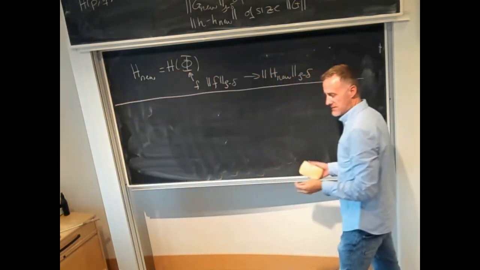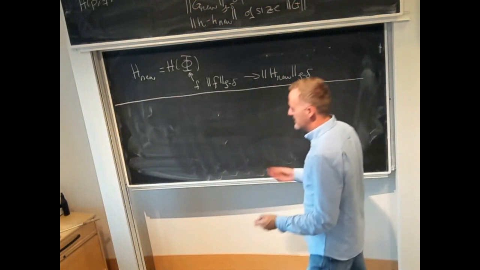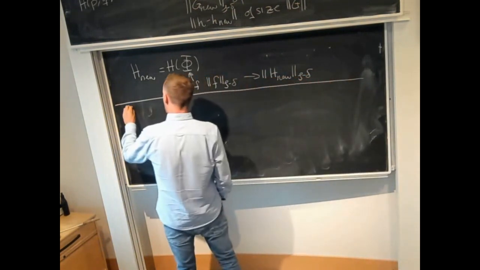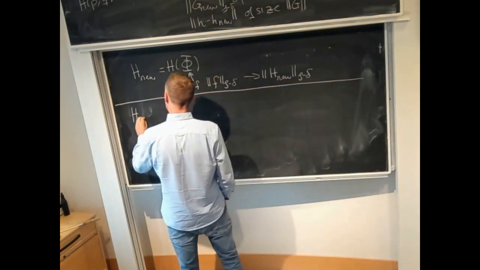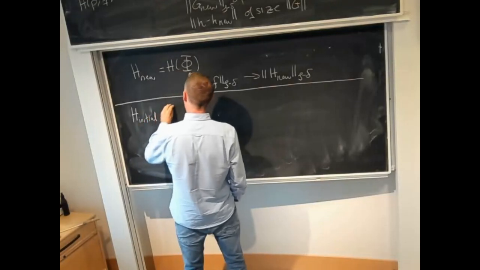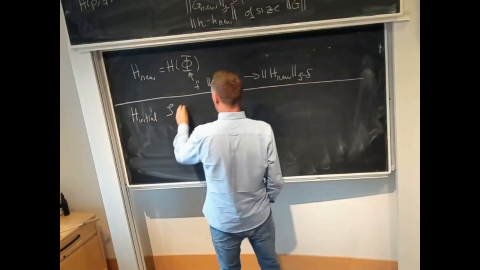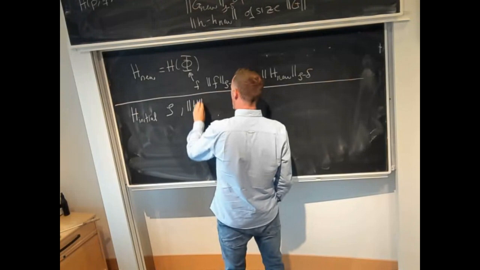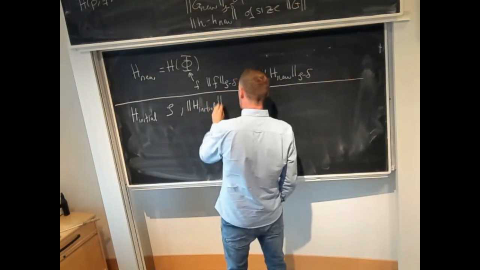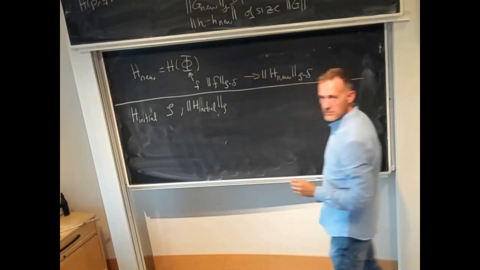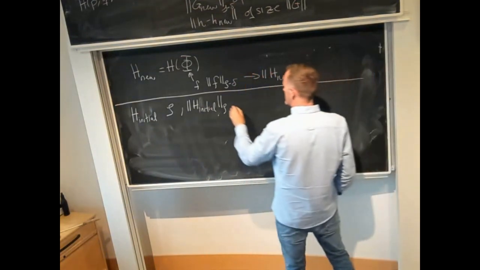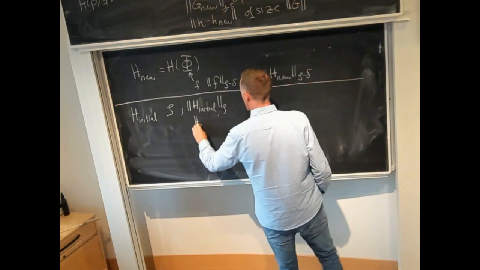What happens? This ingredient makes the following obstacle. You start with your initial data, h initial, and you control it at rho, let's call it h0.